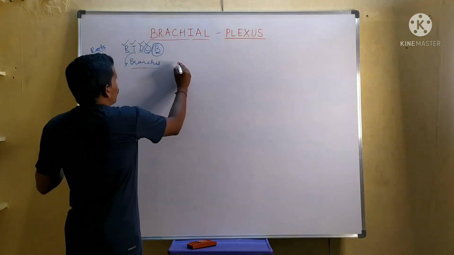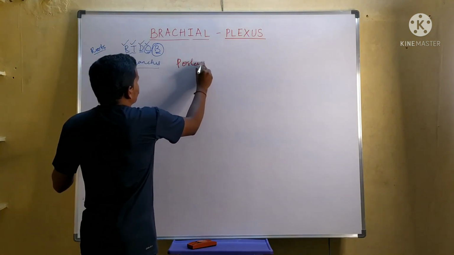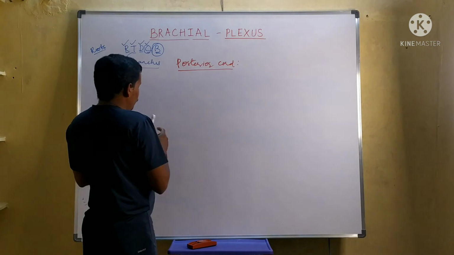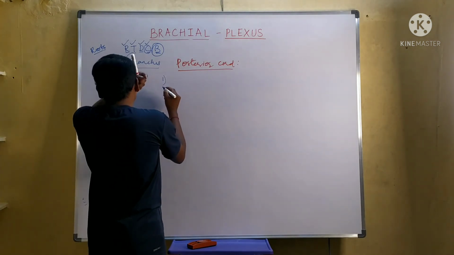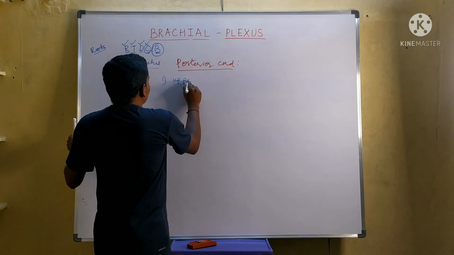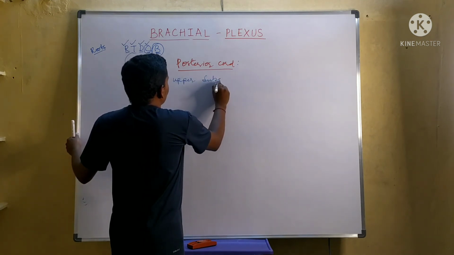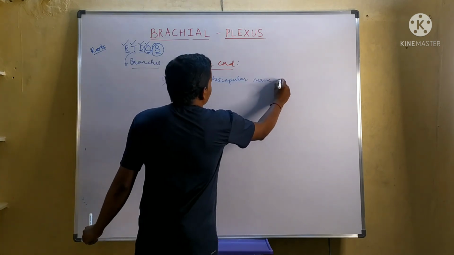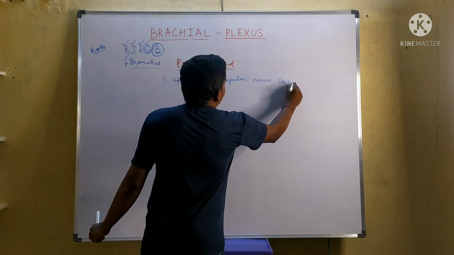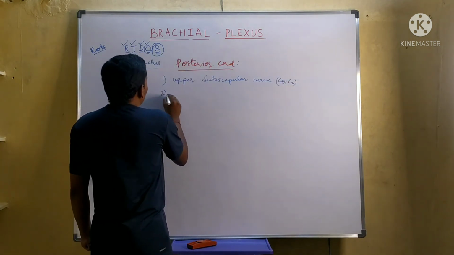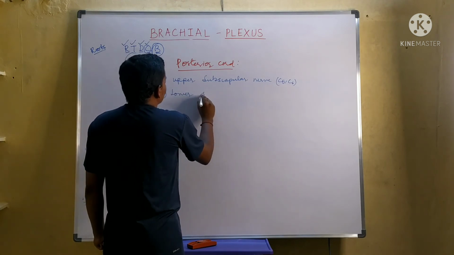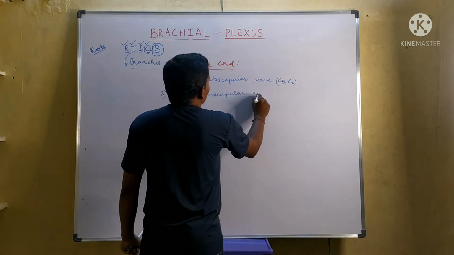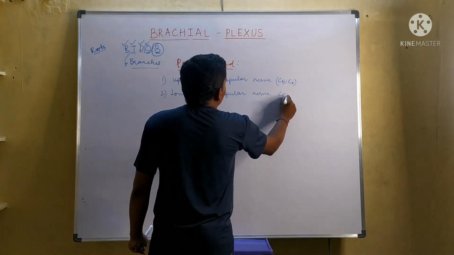Now posterior cord. First branch is the upper subscapular nerve. It is C5, C6 root value. Lower subscapular nerve, again C5 and C6.